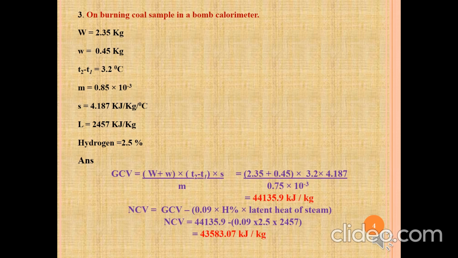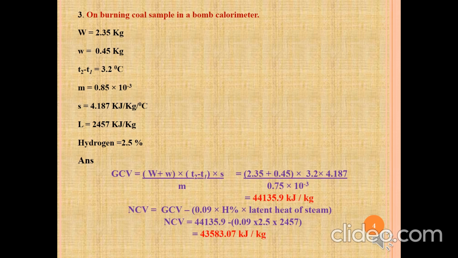to calculate GCV, which is given by GCV equal to capital W plus small w into T2 minus T1 into S divided by M. So, you have to substitute the given terms inside the formula, that is 2.35 plus 0.45 into 3.2, which is nothing but T2 minus T1, the rise in temperature, into 4.187 divided by 0.75 into 10 raised to minus 3.